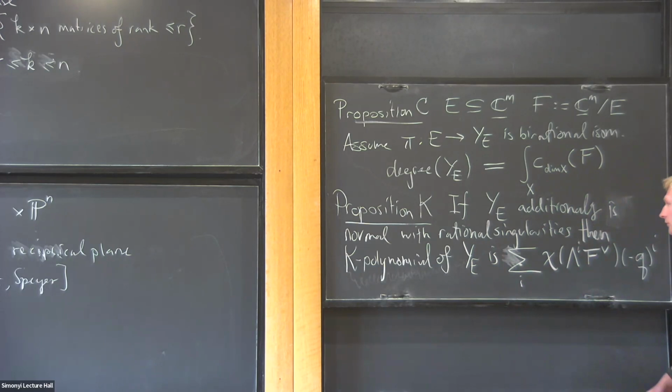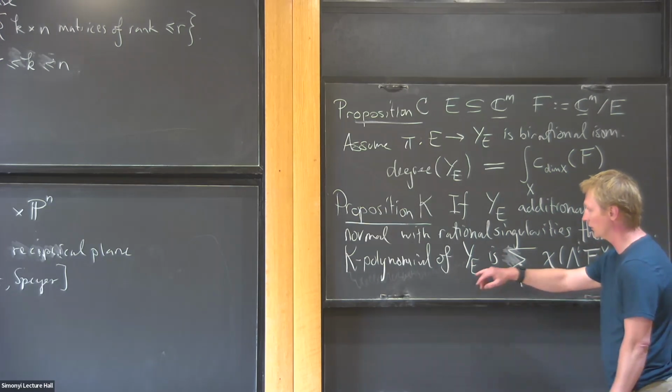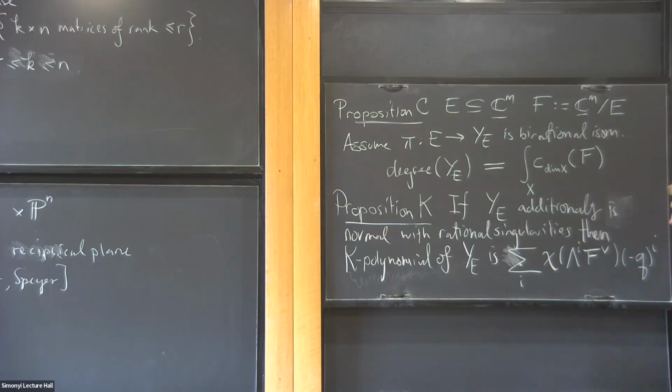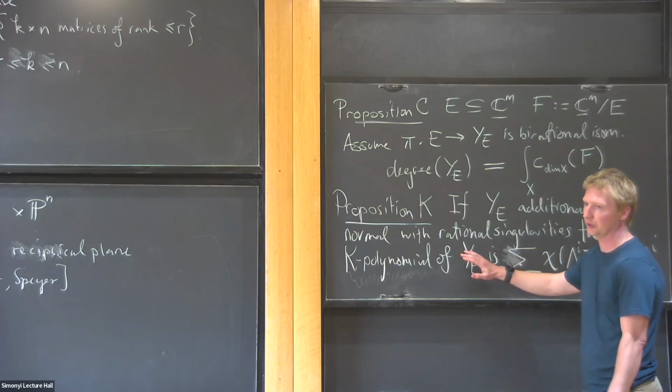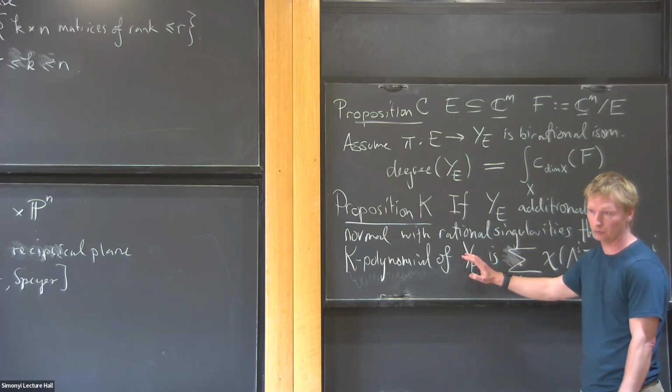And it turns out that the numerator of the Hilbert series of this variety can be expressed in terms of Euler characteristics of exterior powers of the dual quotient bundle. Okay, so in general, I would think of these numbers as mysterious, and this K polynomial is something that's very computable.